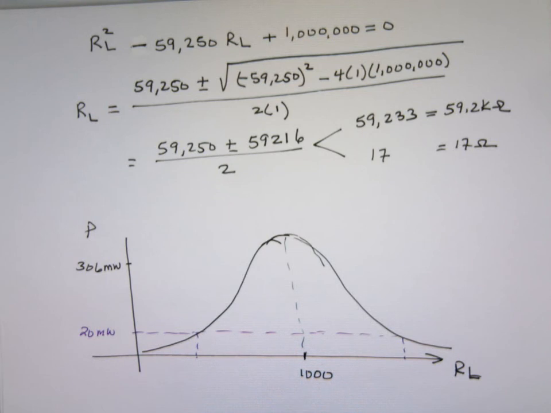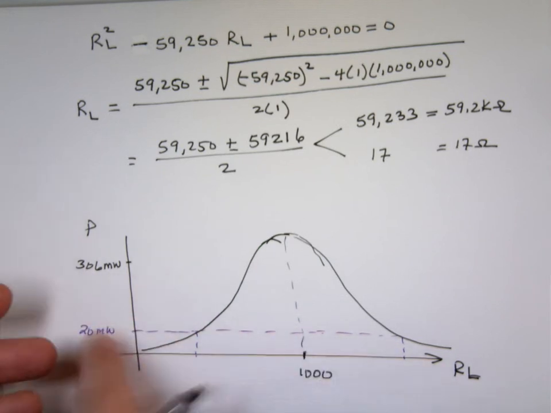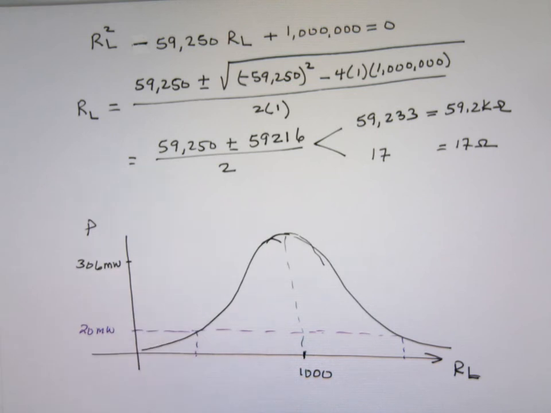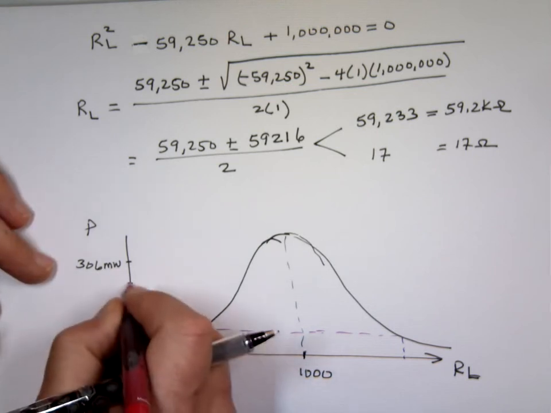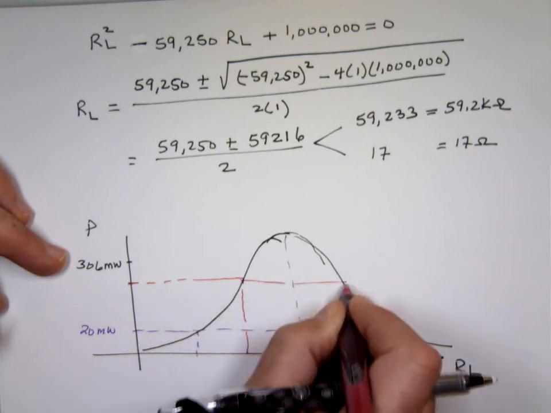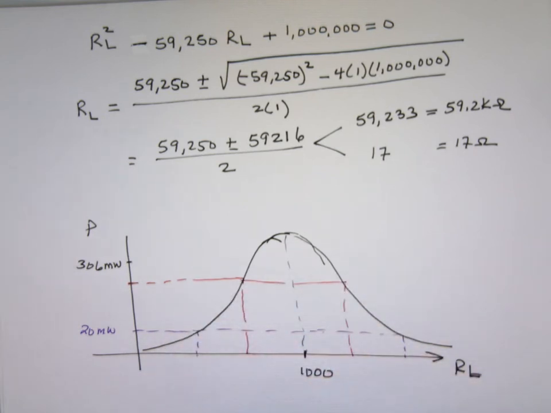Any number you pick between 0 and 306, you're going to have two answers because we're looking at that line. What value will give me this much power? It's going to be this resistor and that resistor. Two numbers. But for maximum power, there's only one value, and that's when R sub L equals 1,000.